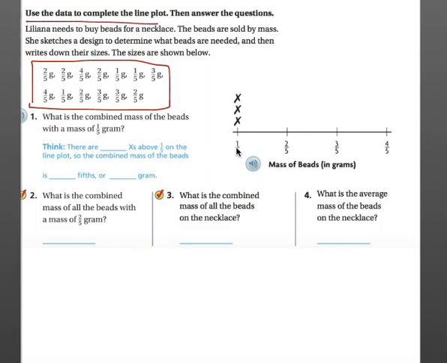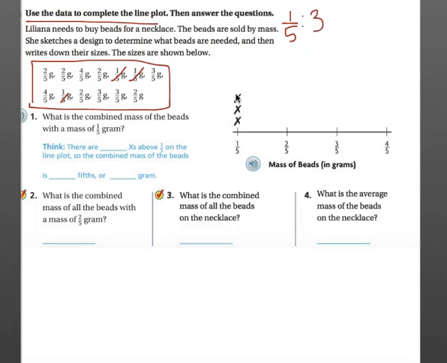So I need to look at 1/5. Let me write 1/5 up here and see how many 1/5 do I have. I have 1, 2, 3. So I have 3 1/5, and that's already been done for me.